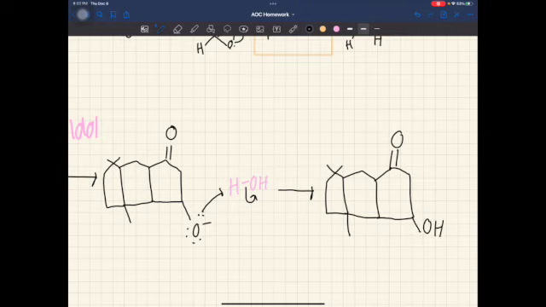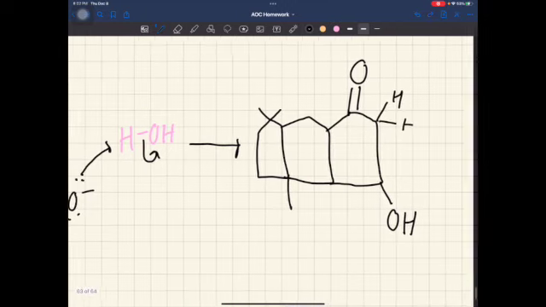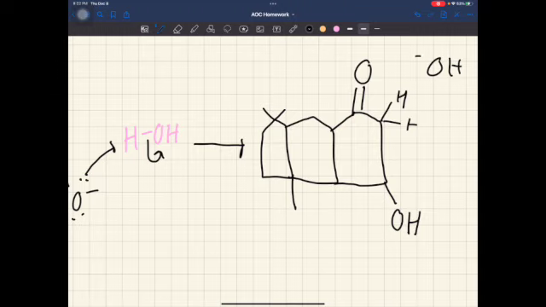Alcohol group here. And the alpha carbon, which is right here, a hydrogen is going to get removed from there. Since we made this OH ion in the previous step, it's going to remove a hydrogen from here, breaking this bond and moving it like that.